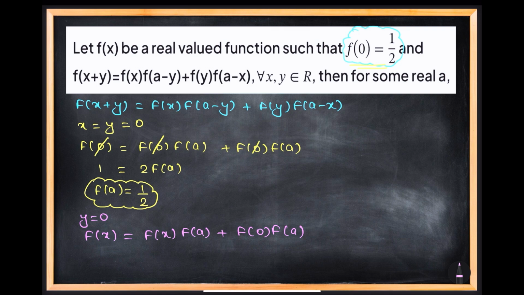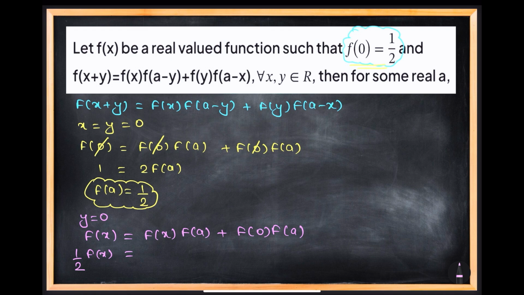Now you know that f of a is 1 by 2. So can I take f of x this side, so it will become f of x minus f of x by 2, which will become 1 by 2 f of x.